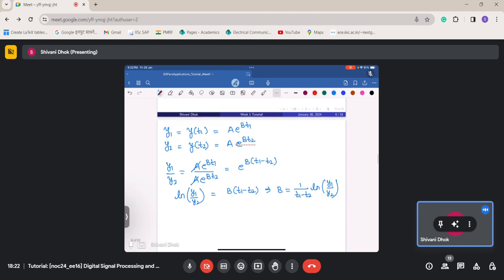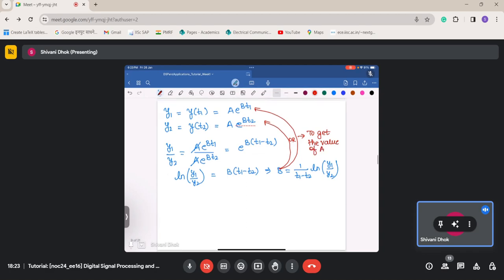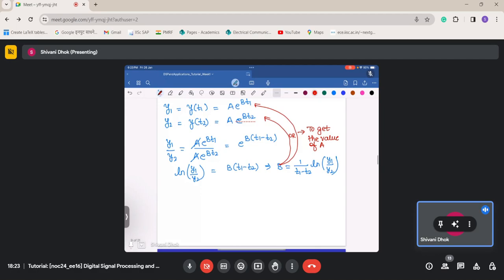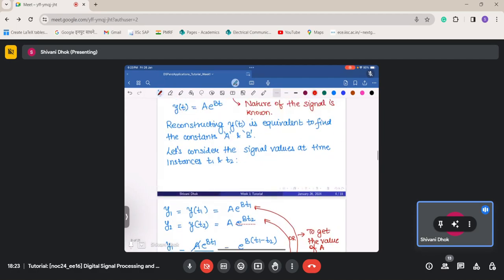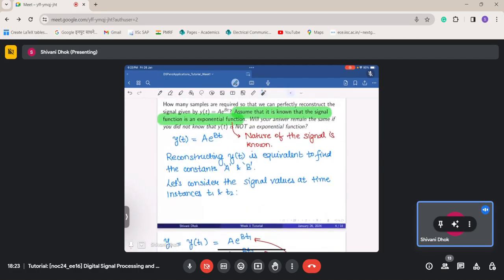Now I can substitute this b in either of these equations to get the value of a. And once I know the value of a, I can perfectly know what this y(t) is.